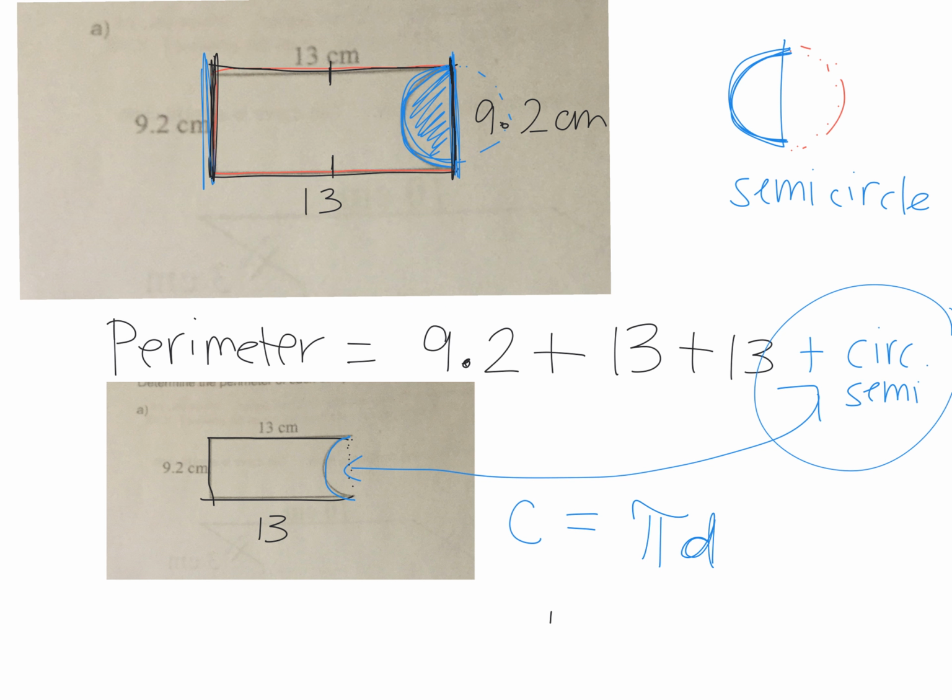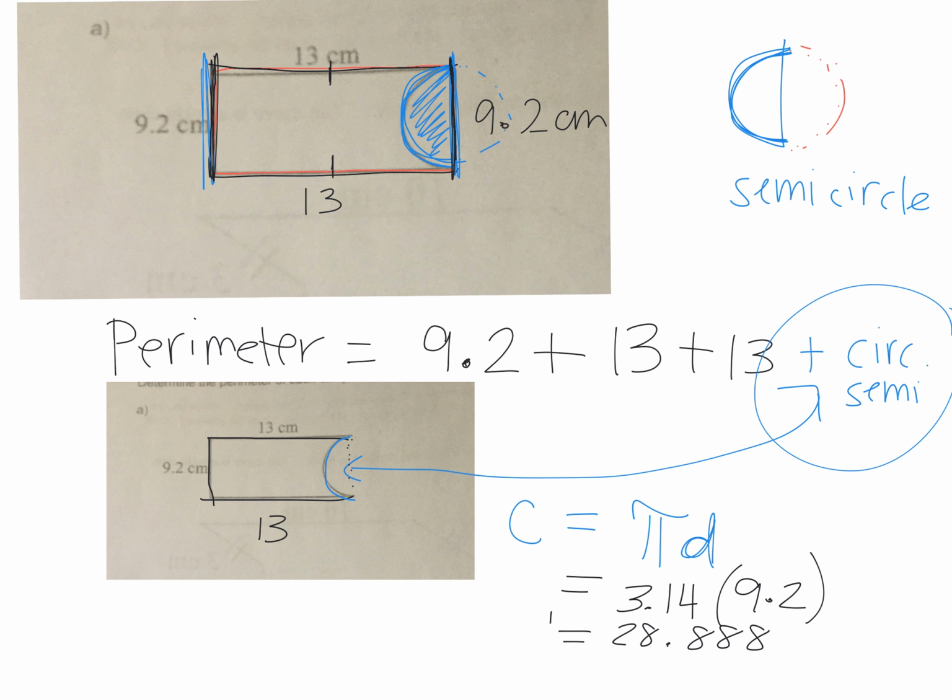So we need to find the circumference. Circumference equals, what's pi? 3.14. Times, what's the diameter? 9.2. Okay, calculate that. What's 3.14 times 9.2? 28.888. That is the circumference.